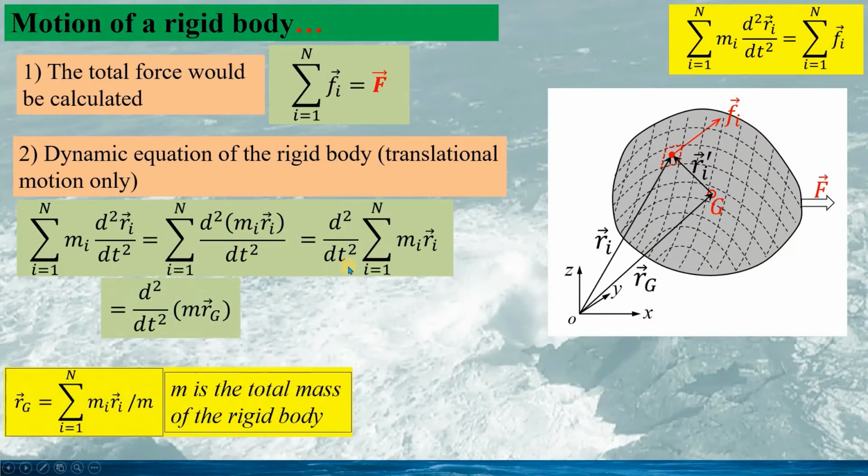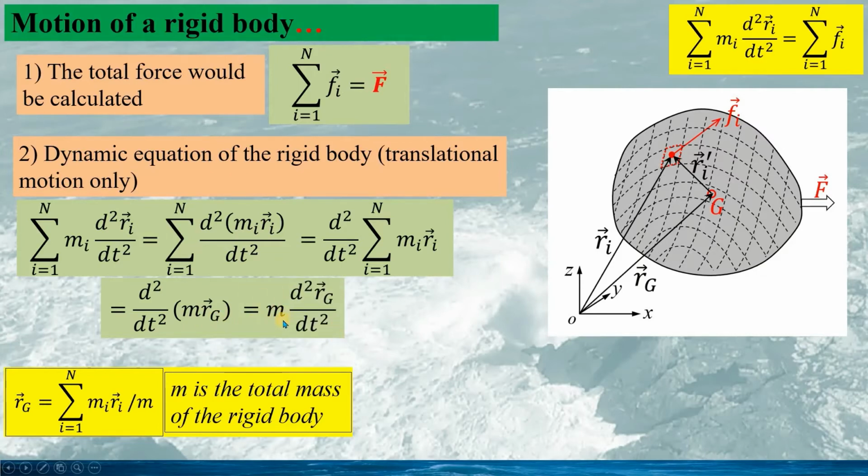Now we can apply the definition of the center of gravity, given as this. So sigma m_i would simply be expressed as m r_g. M is the total mass of the rigid body, and r_g is the vector of the center of gravity.